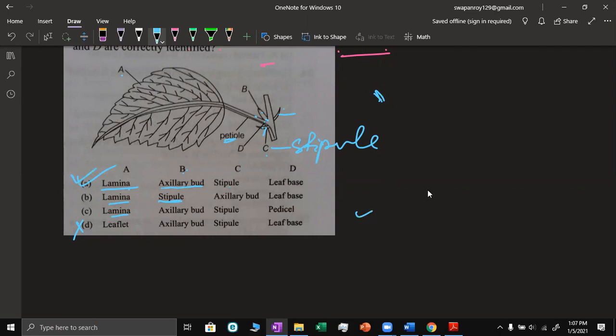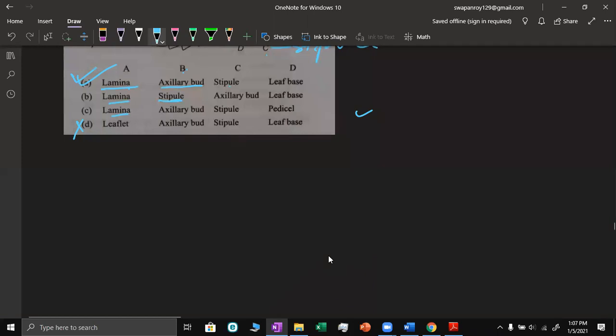Okay. All right, today up to here. In the next class, we will try to finish that portion, the leaf and leaf modification, and then the inflorescence and flower. Go through your NCERT book and practice book for your practice.